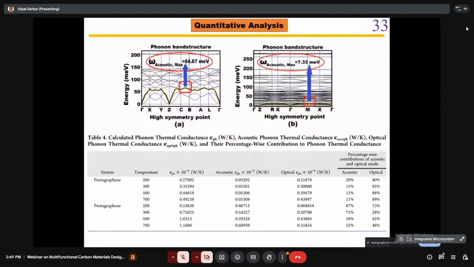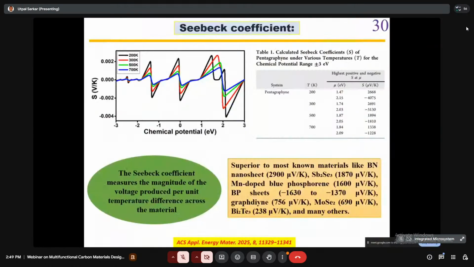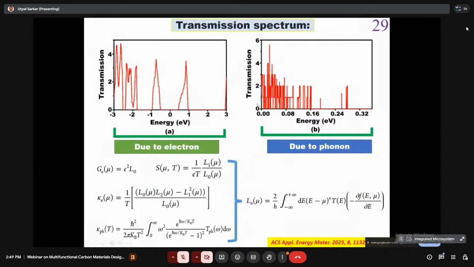But here you see the transmission spectra for the pentagraphene system. You see the highest transmission is observed for a very small energy range.